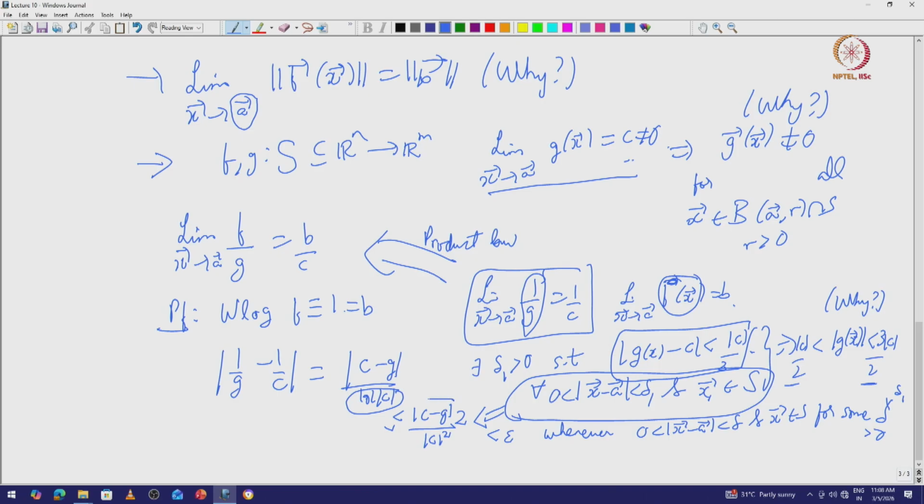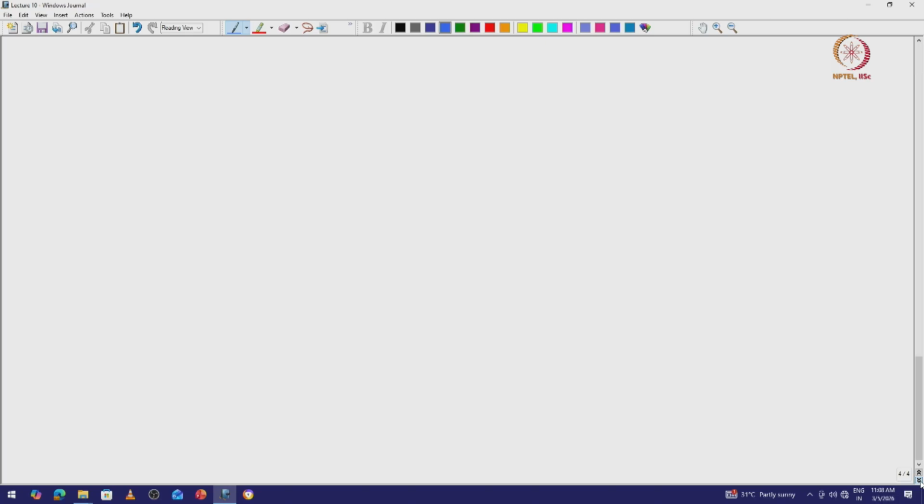Because we know mod G minus C can be made as small as we want, in particular less than epsilon times mod C square divided by 2 for some delta, right? So again, this is not very difficult. You just have to get used to these sorts of things.